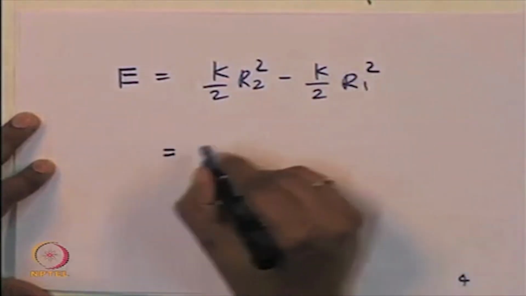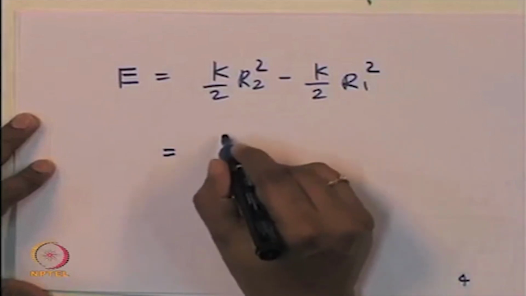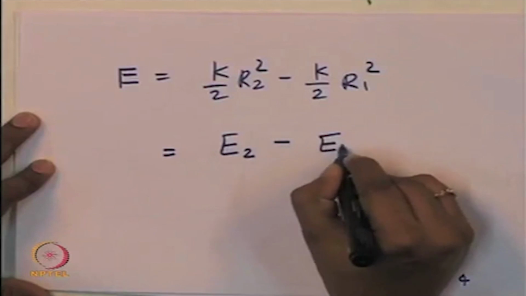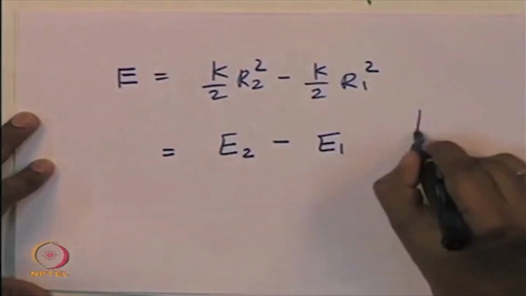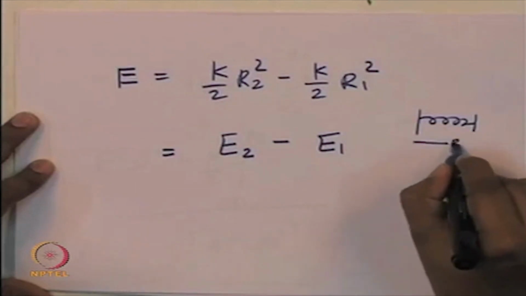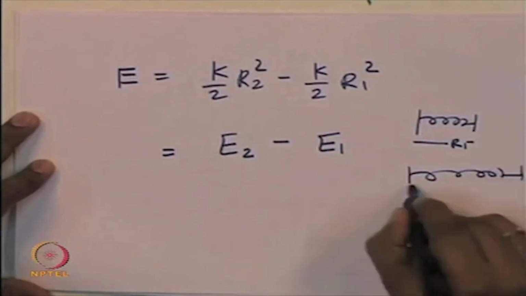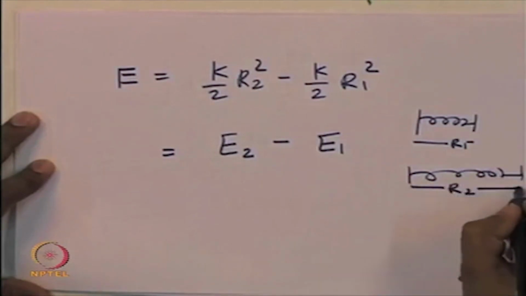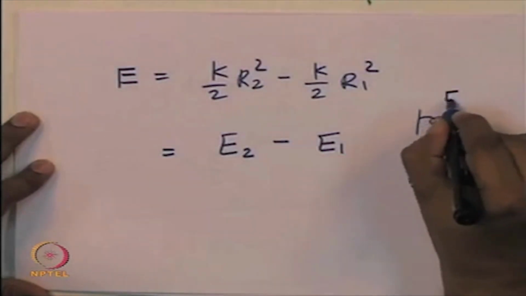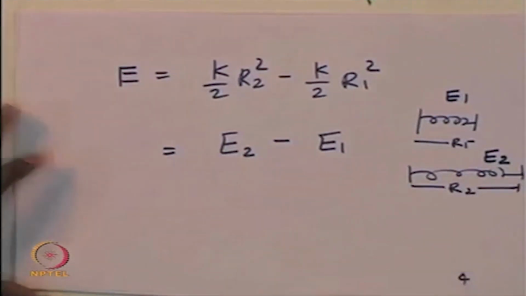So this is nothing but the energy of this spring at length R1, which we call E1, and this is the energy of this spring at length R2, which we call E2.